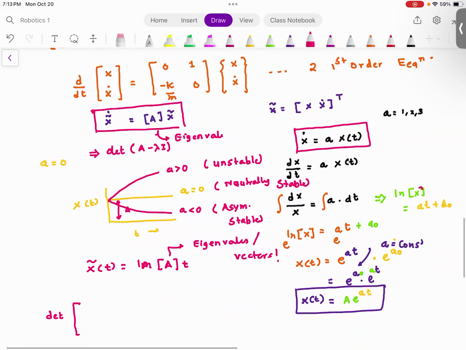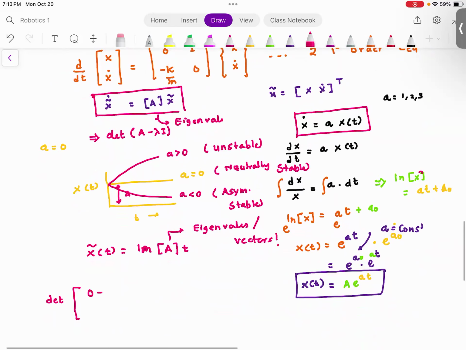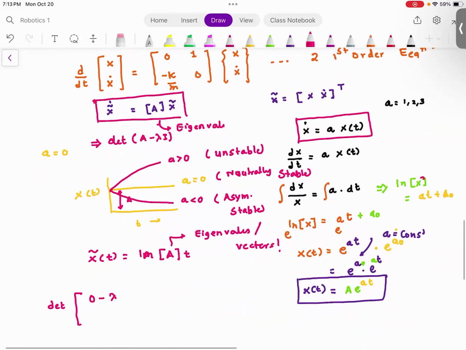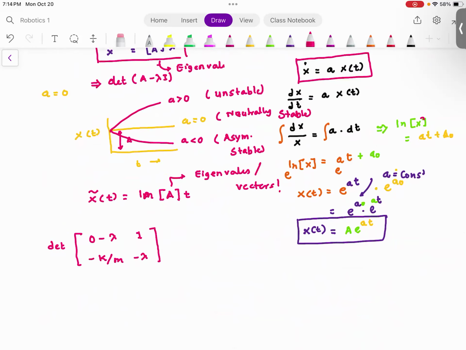So if you solve the determinant of the matrix with entries minus lambda, 1, minus k by m, and minus lambda, please try to understand.